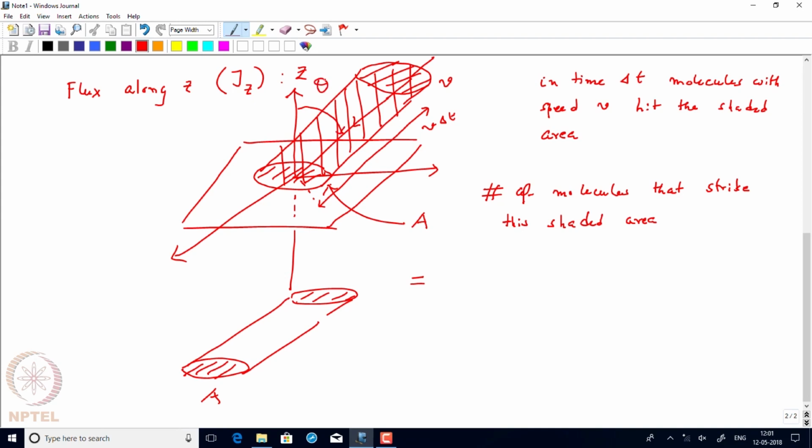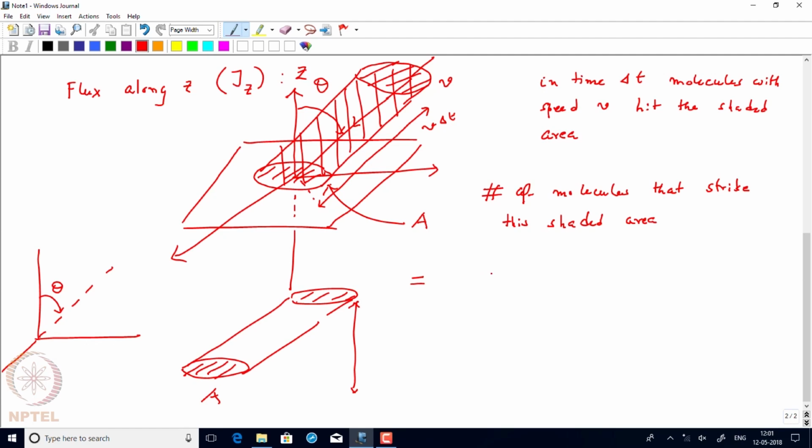So in our spherical polar coordinate concept, this is nothing but the azimuthal line, which is the inclination with respect to the positive z axis. So the vertical height of the cylinder we can easily calculate. If the distance is v into delta t, the vertical height will be v into delta t into cosine theta.